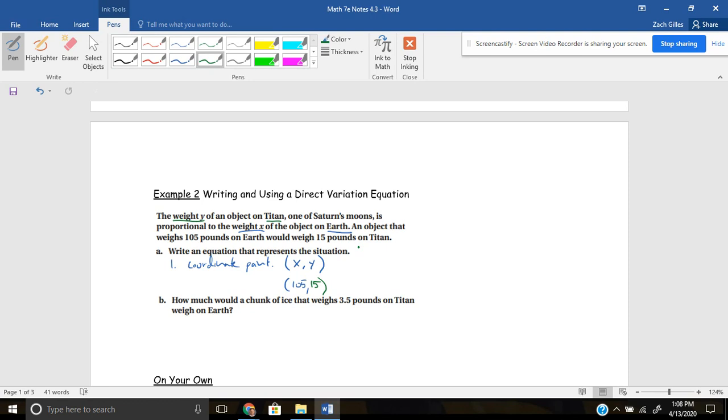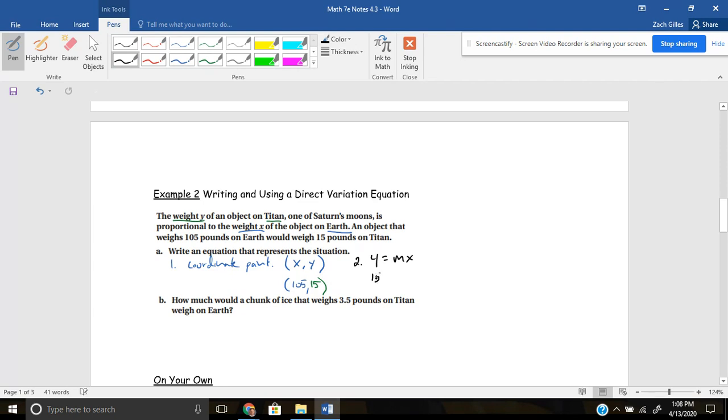Now, can we use this information and put it in my direct variation equation? So remember, that was y equals mx. Well, I know one of my x points is 105, and I know my y is equal to 15.